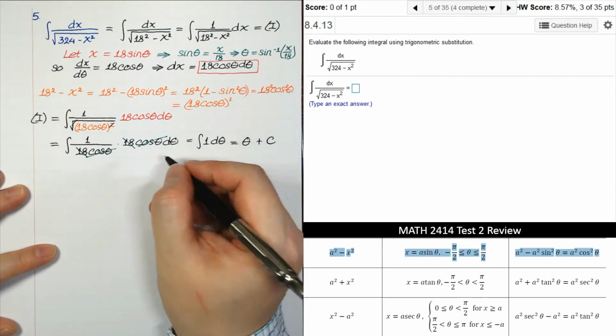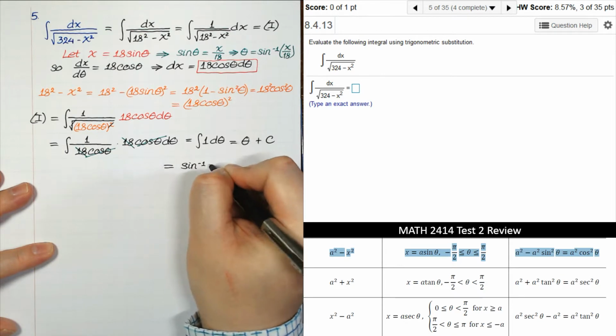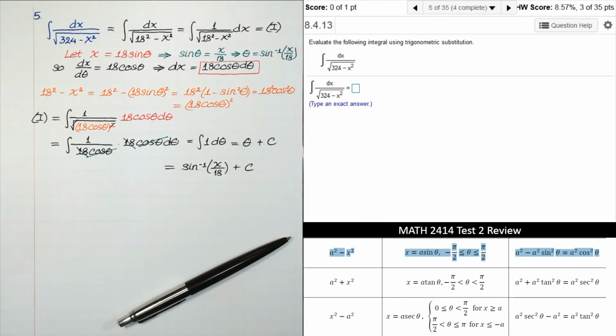So this is equal to sine inverse of x over 18 plus c.